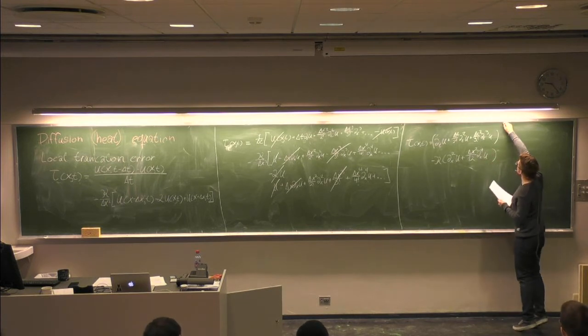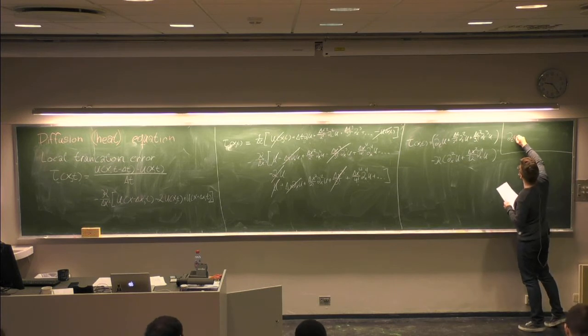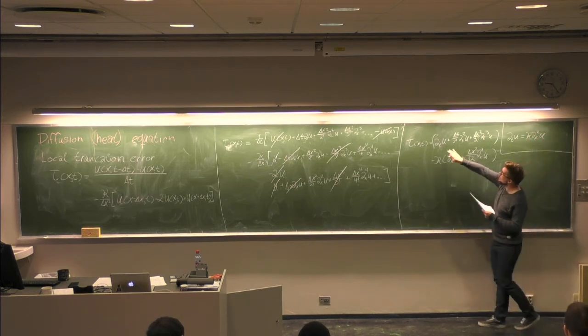But if you take a look at our equation again, which says that dt of u equals kappa dx squared u, we see that these two cancel.